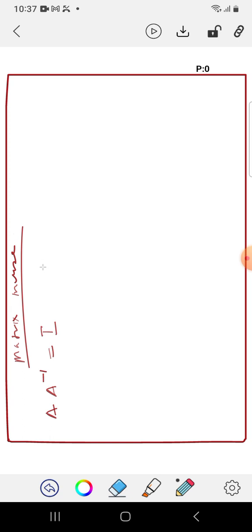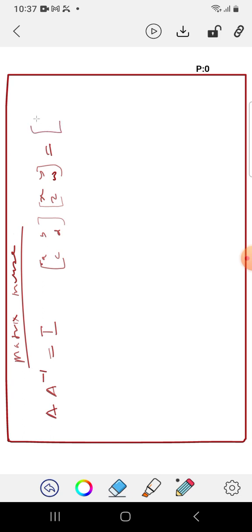So let's say A is a 2 by 2 matrix. This is just theory, so you don't really need it; I'm just explaining the theory. So if A is [a, b; c, d], you need to multiply it by the inverse, which is going to be [x, y; z, omega], and it must give you the identity matrix.